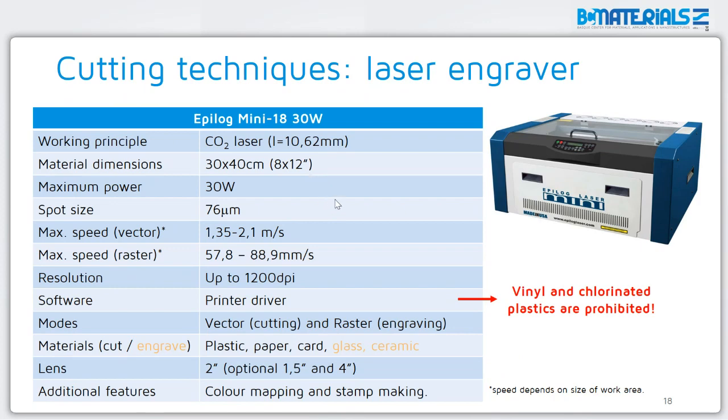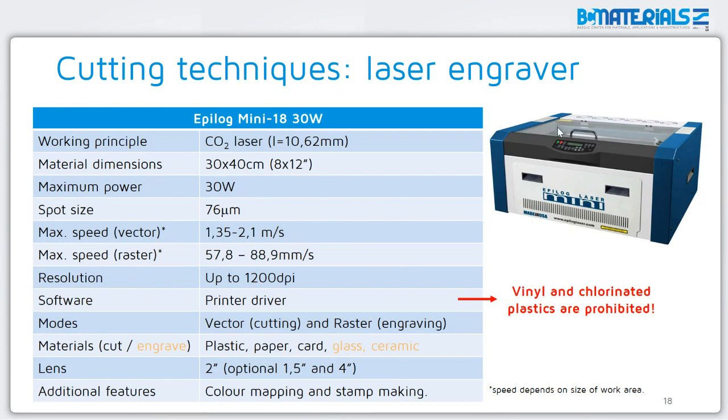We have a relatively low power laser, because for the kind of work that we do, we don't need very high powers. So actually 30 watts is the minimum power that Epilog uses in their lasers, I think. The spot size is roughly 76 to 100 microns. And here with the speeds, these are the speeds at which the head is moving, but they're not very meaningful, because the speed depends really on the size of your working piece.